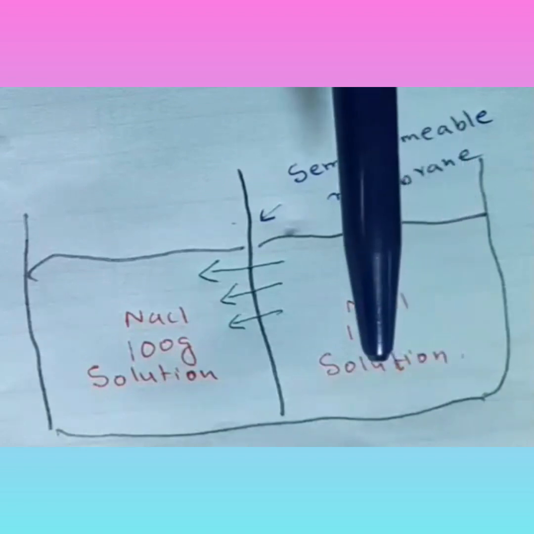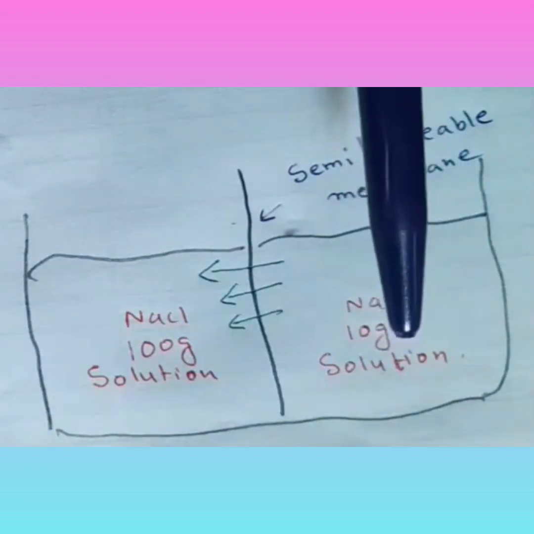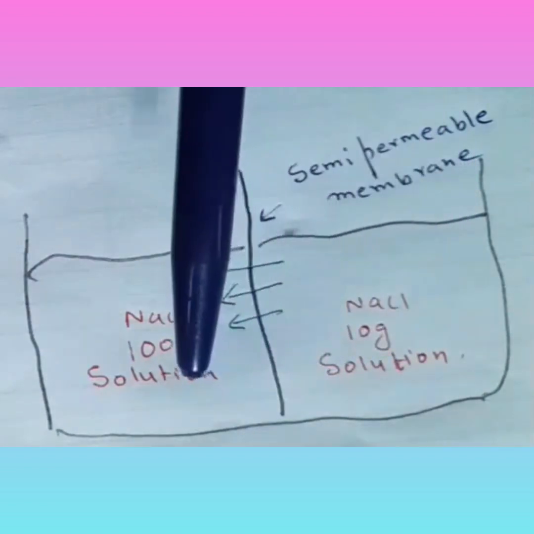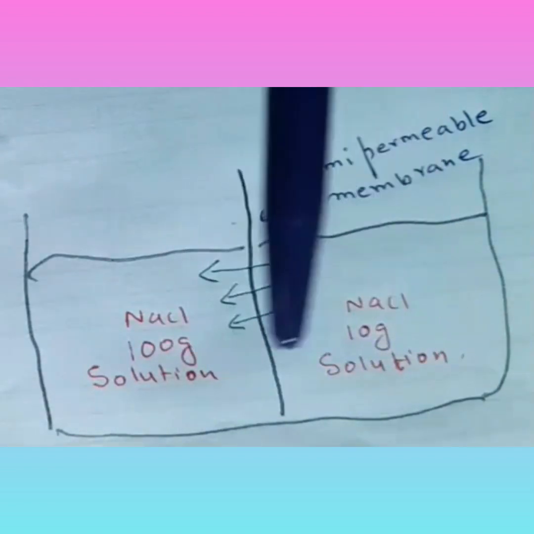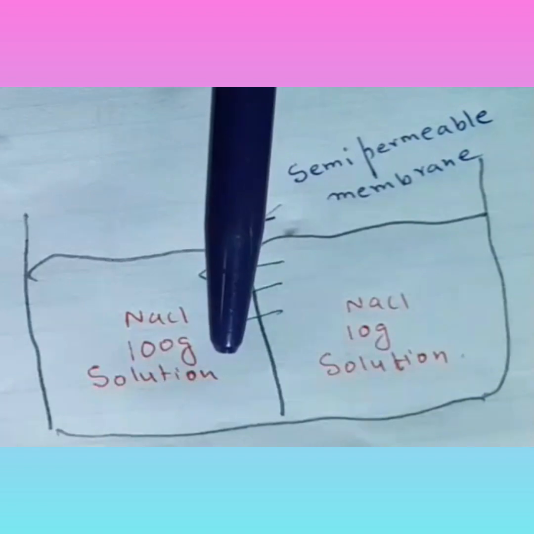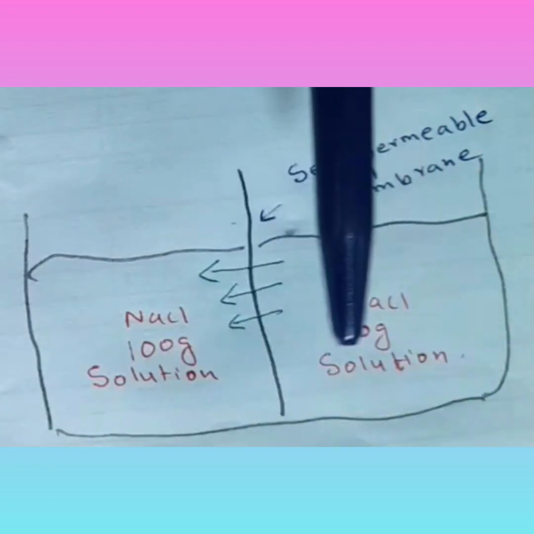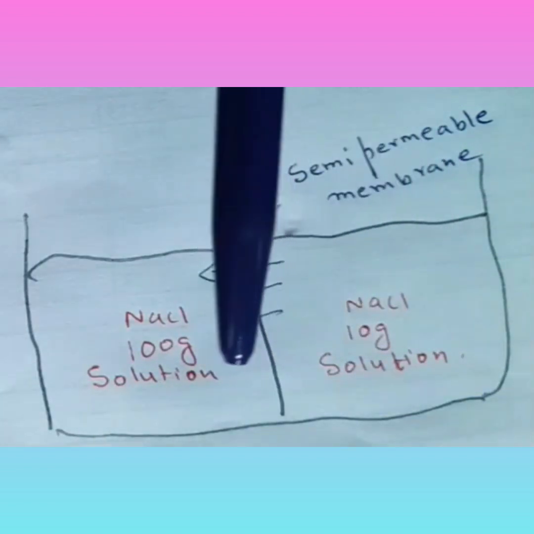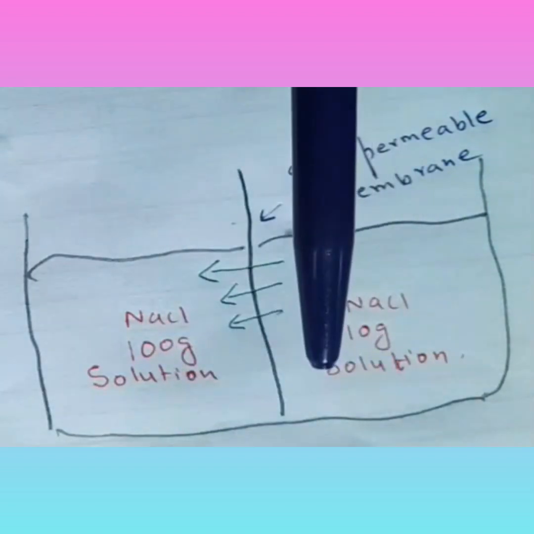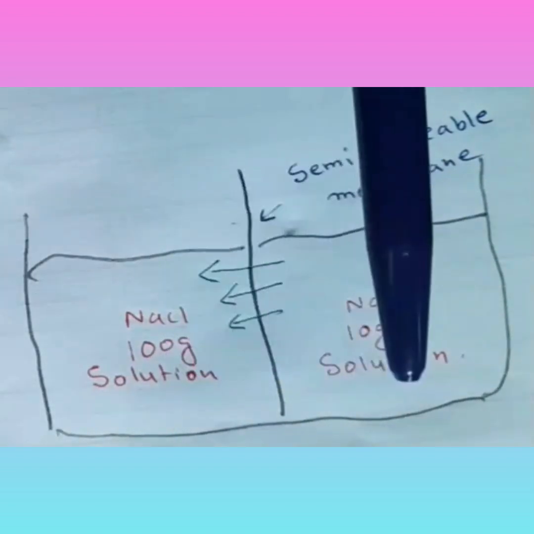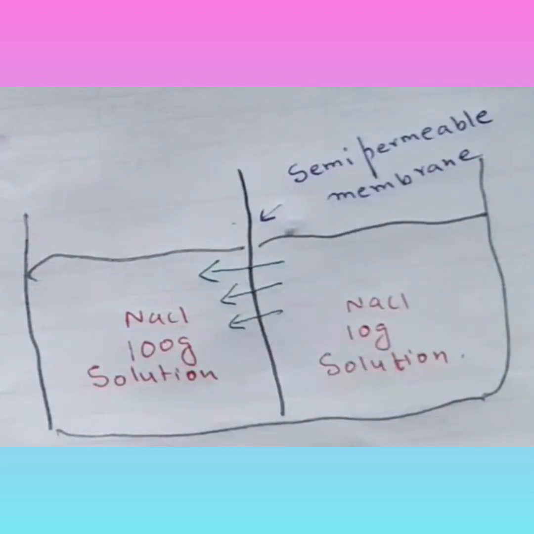That pressure which pushes water from this compartment to that compartment owing to the difference in quantity of water is called osmotic pressure. It would keep on pushing water over here till the quantity of water in both compartments is the same. So that is what is called osmotic pressure.